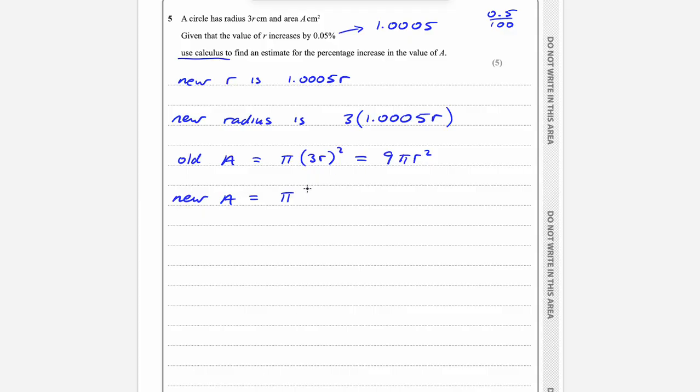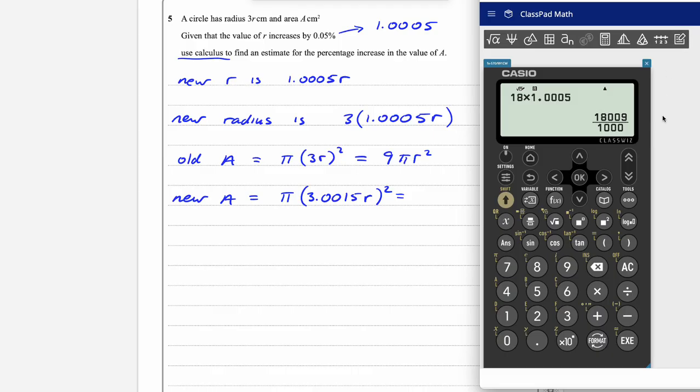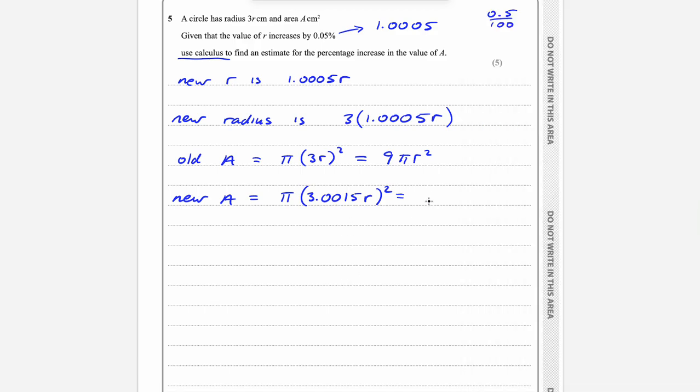I'll just write that as 3.0015 if we times that by 3, pi times this, r squared. Now that equals 3.0015 squared, so 9.009 pi r squared.